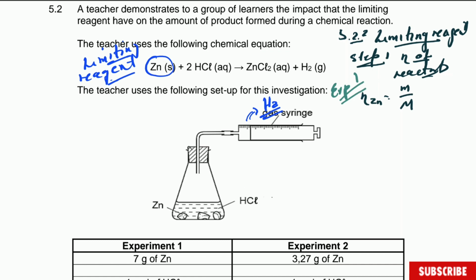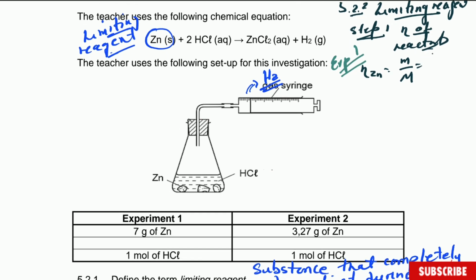In experiment 1, the mass of zinc was 7 grams, and the molar mass of zinc, from the periodic table, is 65. So the number of mole of Zn is equal to 0.11 mole.